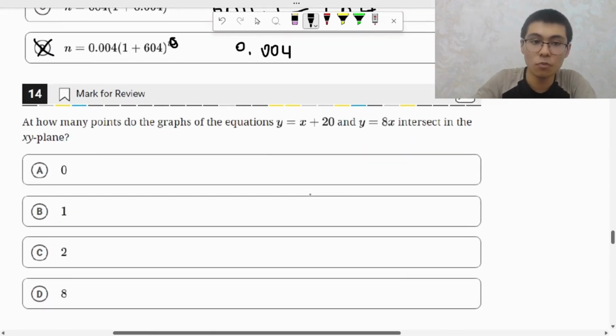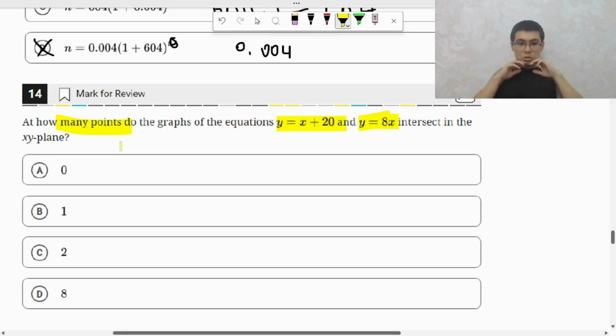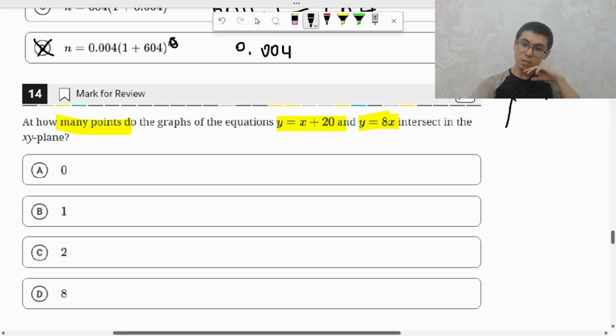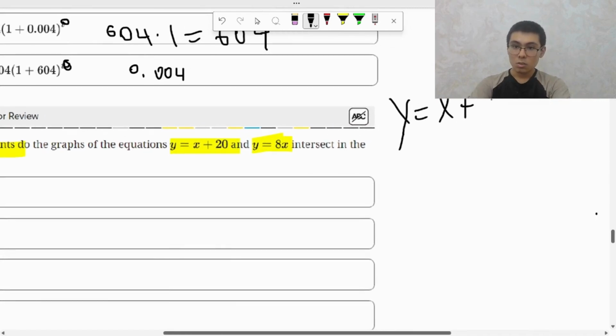So question number 14. At how many points do the graphs of the equations y equals x plus 20 and y equals 8x intersect in the xy plane? So I'm gonna rewrite this something like this: y equals x plus 20, y equals 8x.